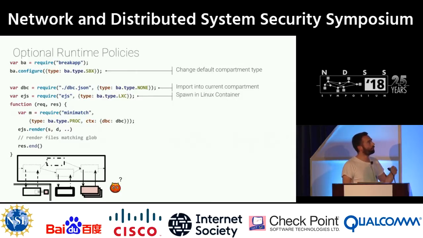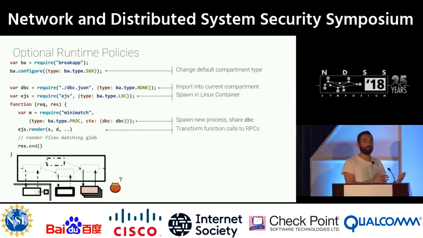You can spawn EJS and Minimatch in their own containers and processes, respectively, and share a read-only copy of the database configuration file with Minimatch. So the transformations that I described earlier are actually transformation templates, and all these policies plug in and instantiate exactly how the transformations are going to transform your program.